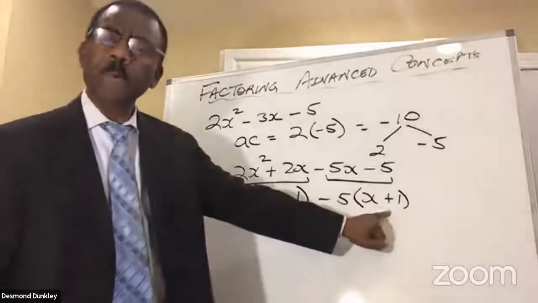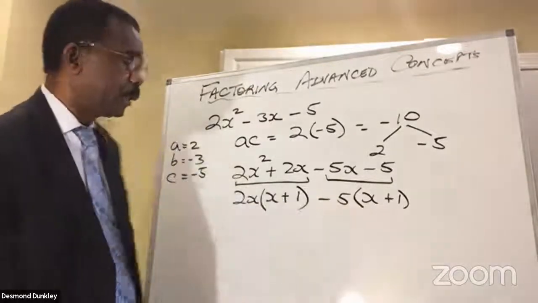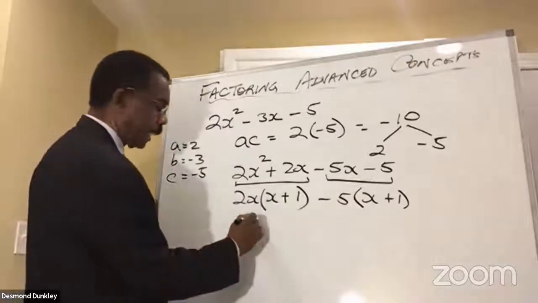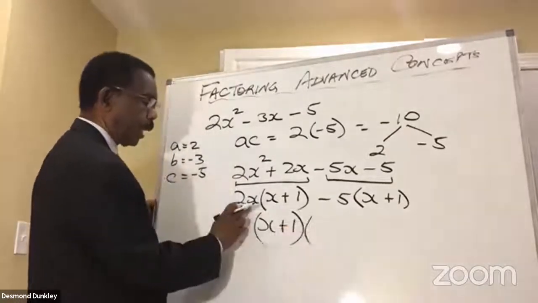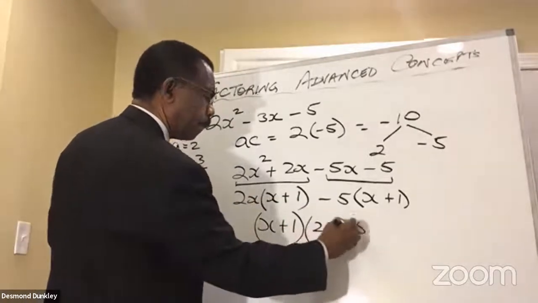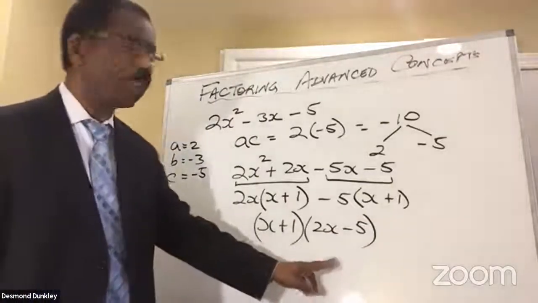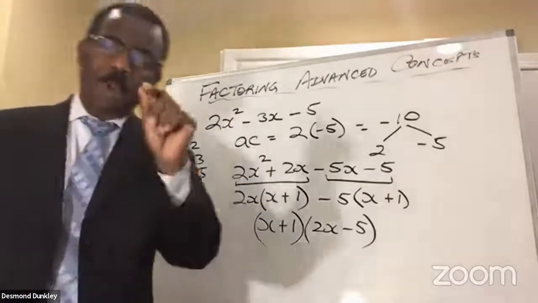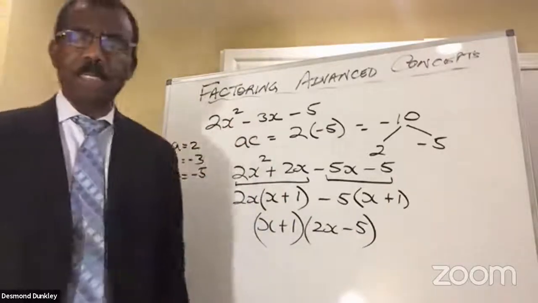Notice the two parentheses are identical. They are identical. So we finish the job by putting x plus 1 times 2x minus 5. And this is the factorization of that. I promise you, if you multiply these two things, you will get that.